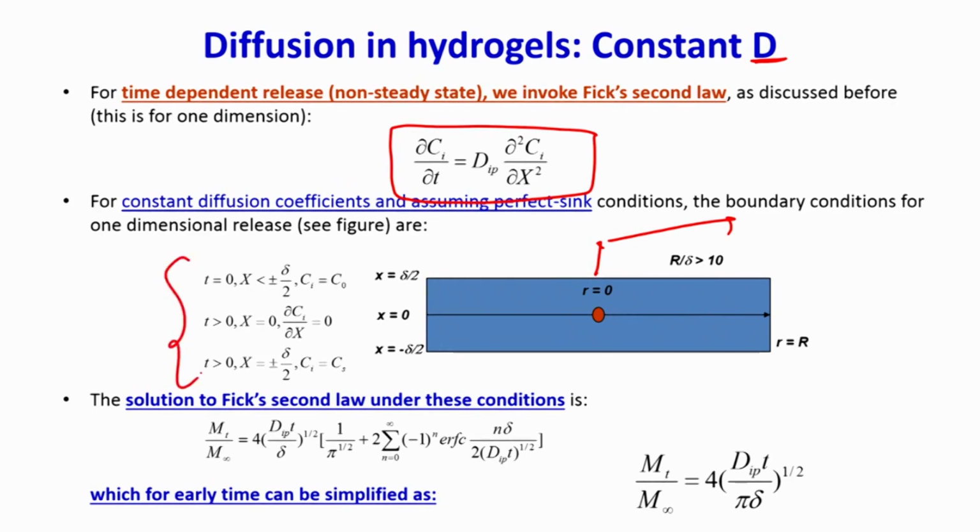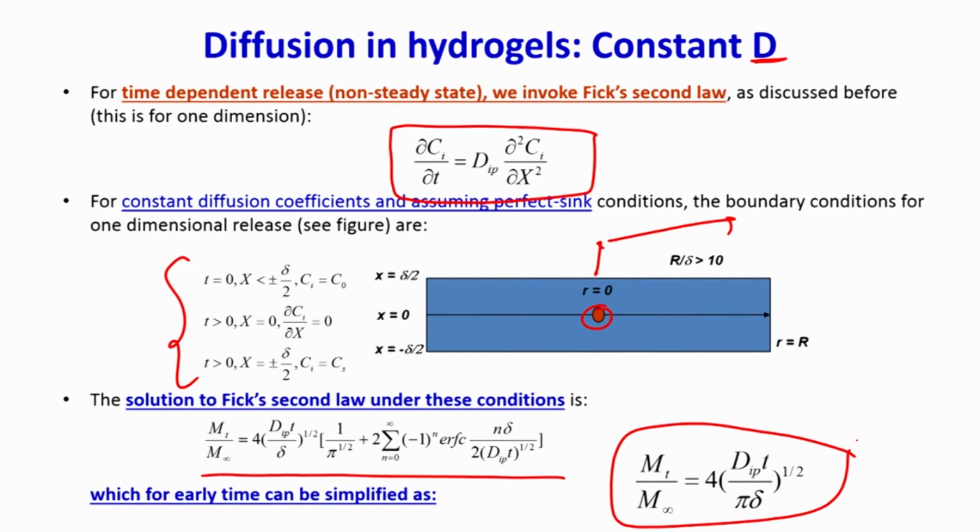At t equal to 0, x is less than delta by 2, where the concentration of the drug is defined here, and at t greater than 0 we are saying that del c with respect to the distance x is 0. So, we put this all together and get a Fick's law solution, which is this, and if we only consider early time points we can neglect a few of the terms and then the release will be like this.